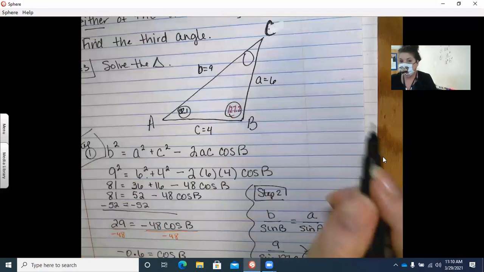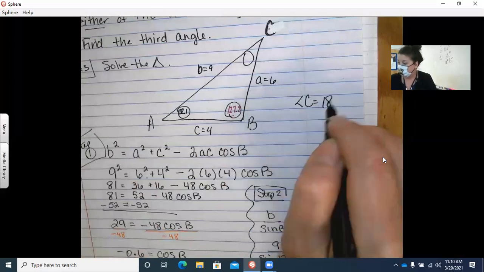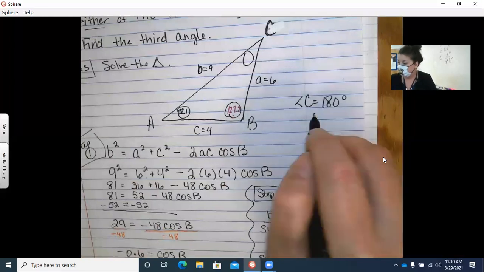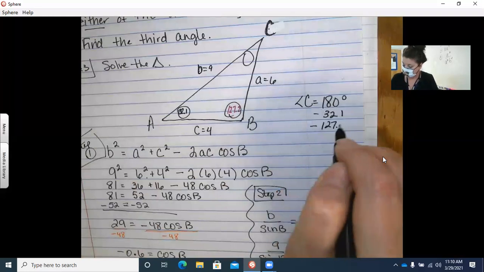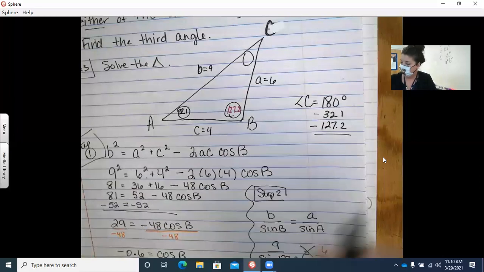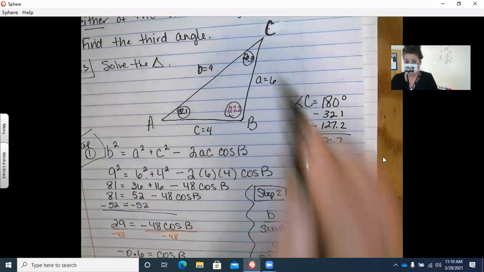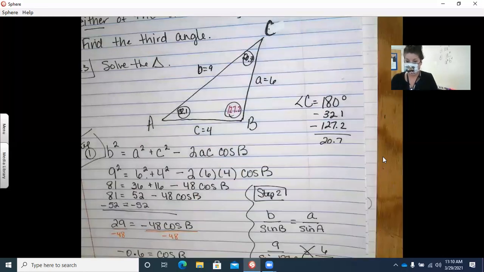All we have to do, since we know two angles, 180 degrees minus 32.1 minus 127.2. And I get 20.7. Y'all good with that?